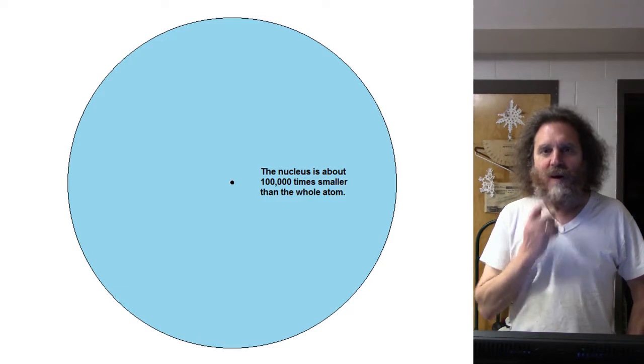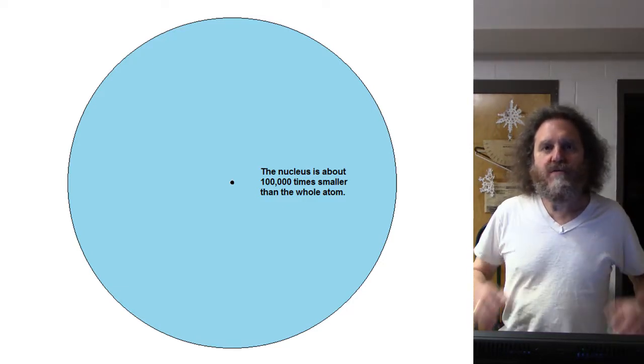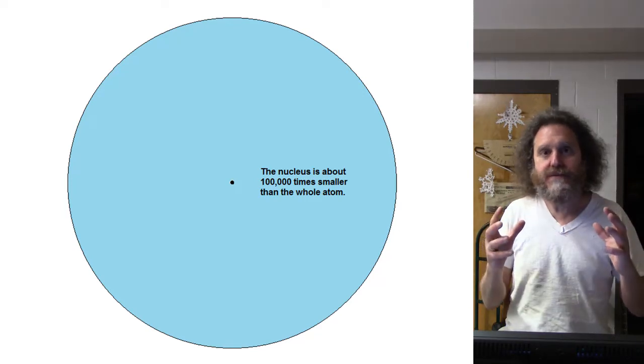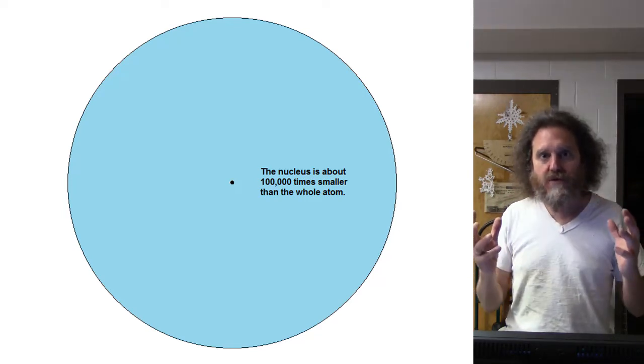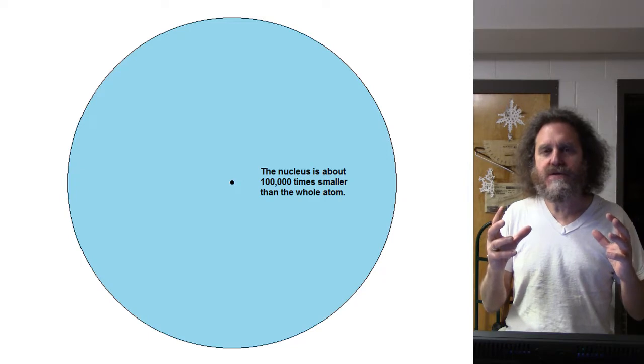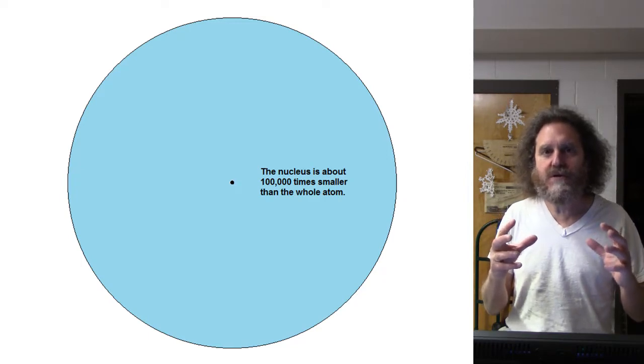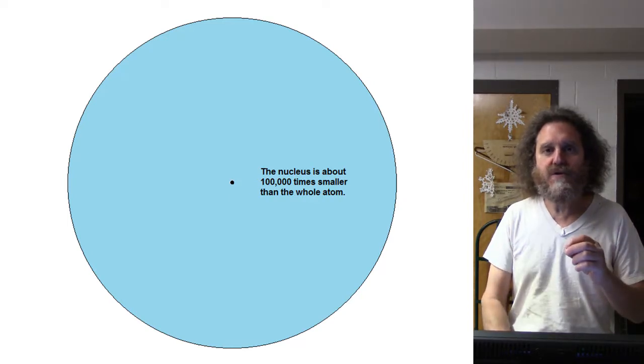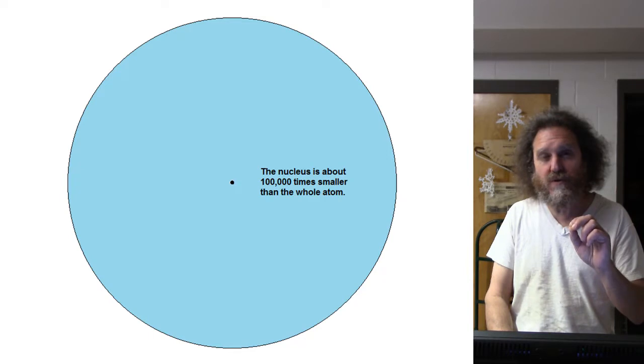So, in an atom, most of the volume of the atom, as I've talked about, is occupied by the electrons, right? The electrons are much larger in physical size than the protons and neutrons, but they have almost none of the mass. Protons and neutrons are 1,800 times heavier than electrons, but they're much, much smaller in size.